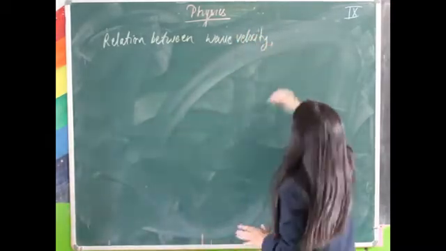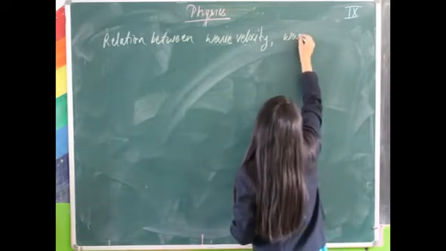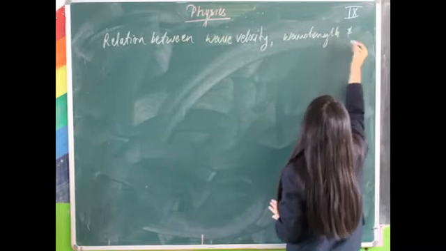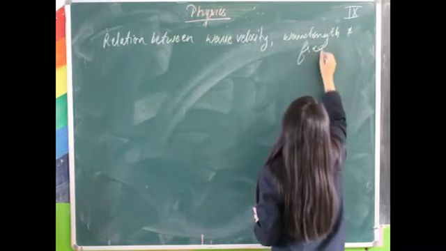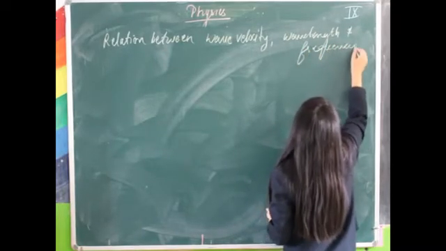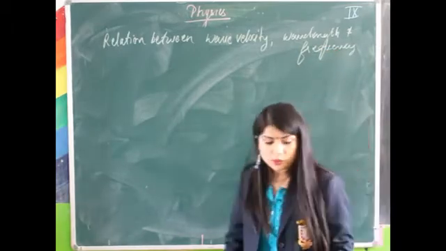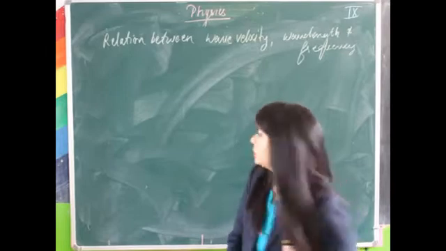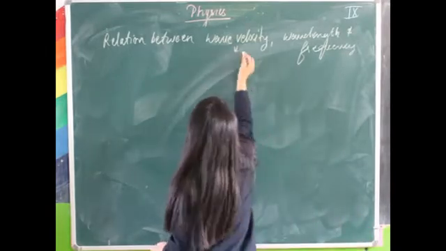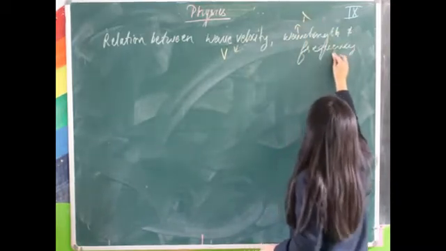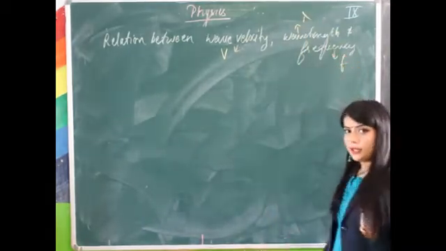We are going to find one formula so that we can use it for numericals. Wave velocity is denoted by V, wavelength is lambda, frequency is small f.